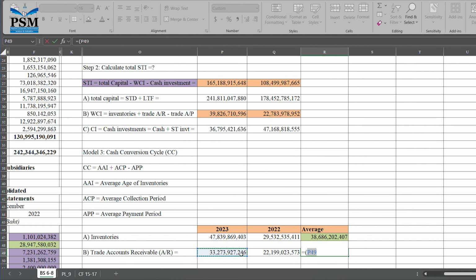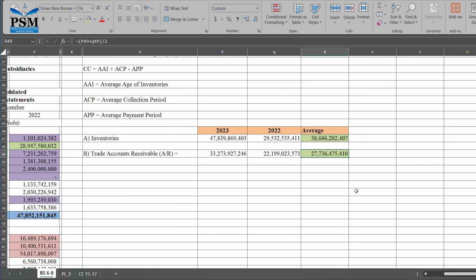This number plus the amount for 22, and then we divide by 2. That is the average trade accounts receivable. We have computed the average amount, and average means the beginning amount and the ending amount. We add them up and we divide by 2.